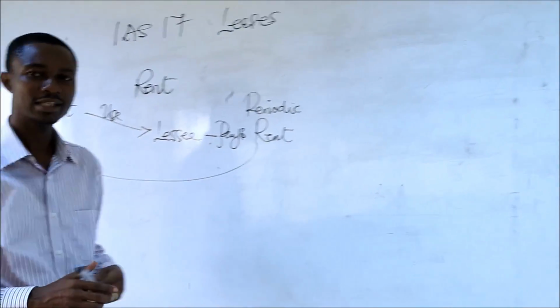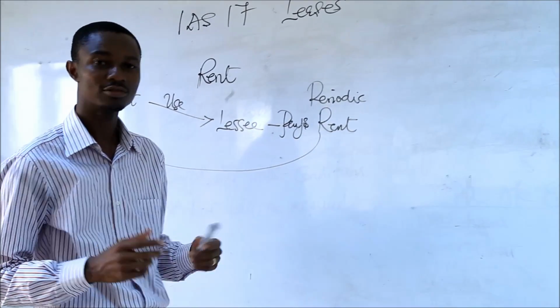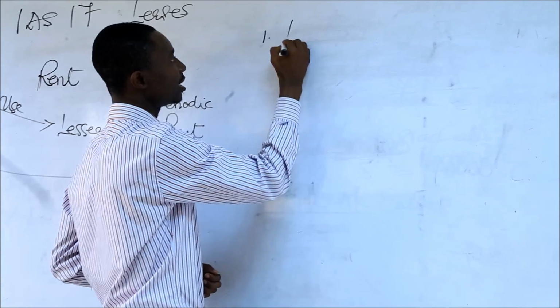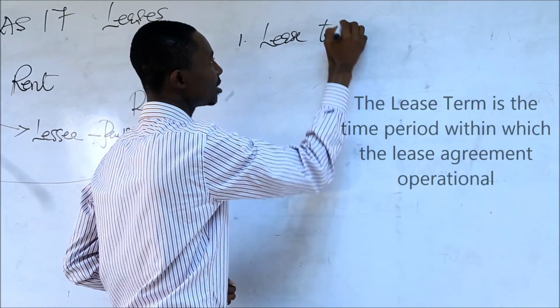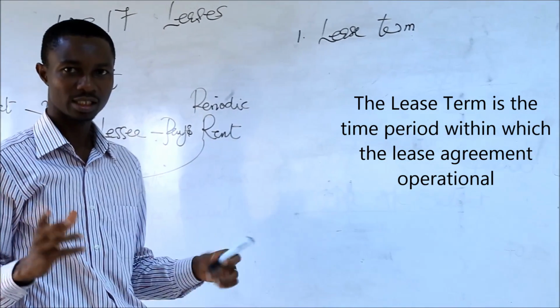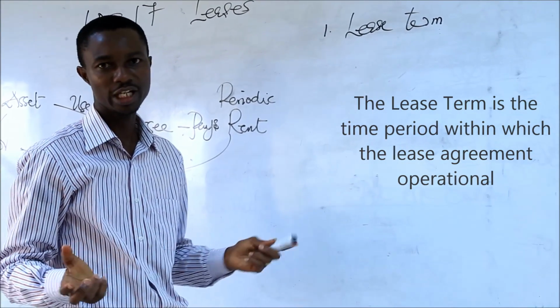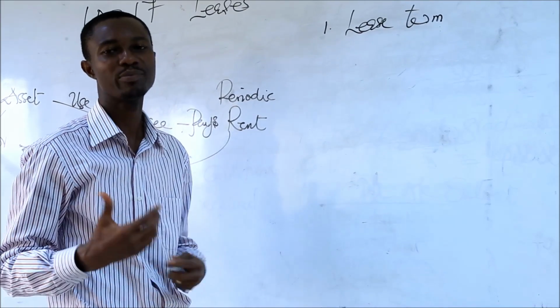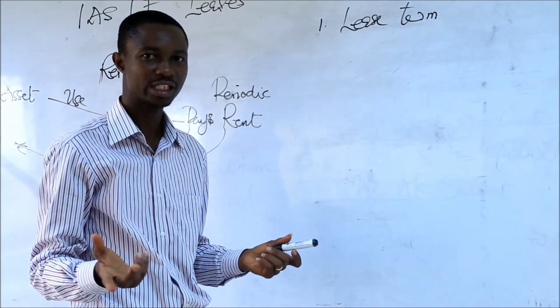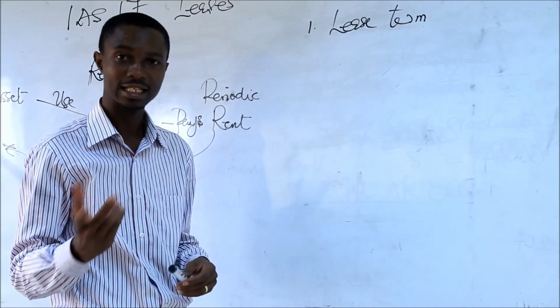So when it comes to leases, there are a few terms that we need to explain. One is called the lease term, which is the time period within which the lease agreement is operational. So this could be 2 years, it could be 3 years, it could be 4 years, depending on the particular type of agreement that is written between the lessee and the lessor.